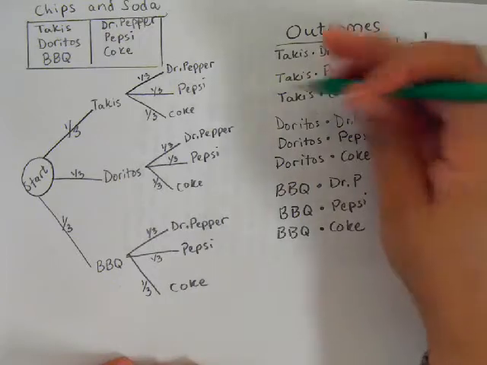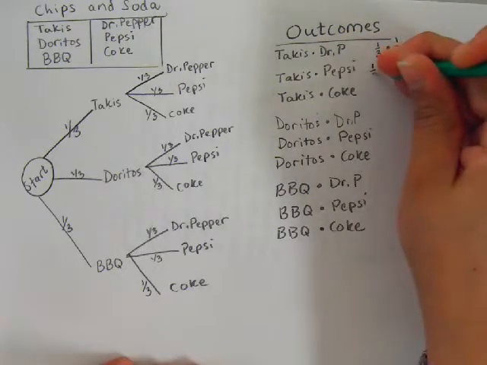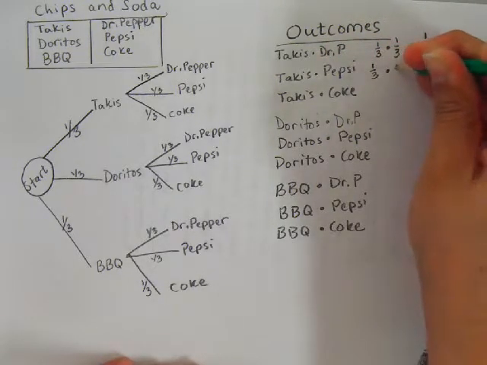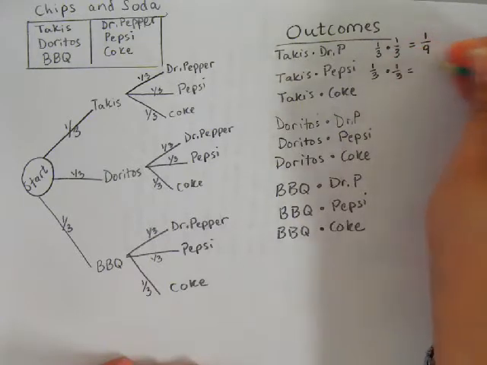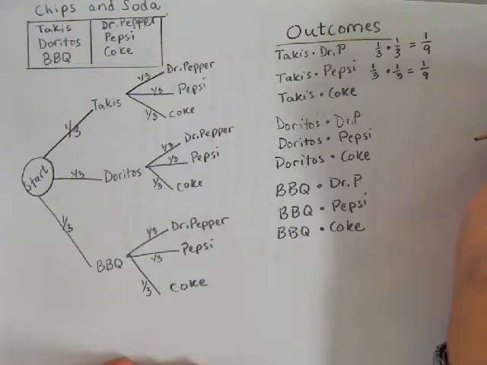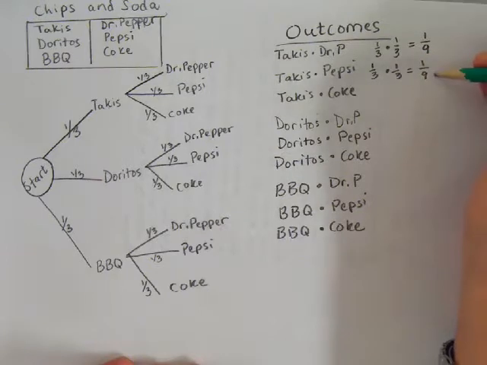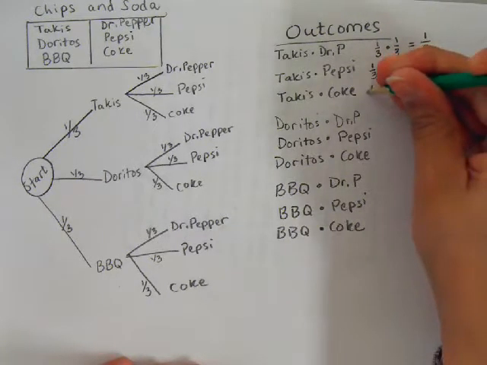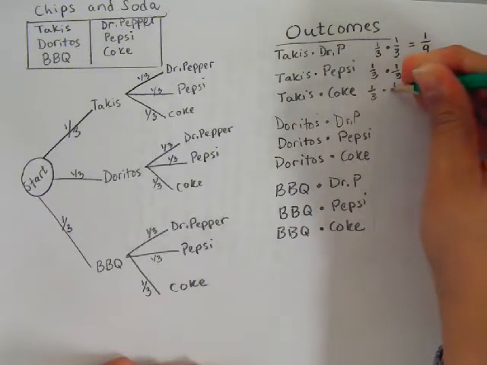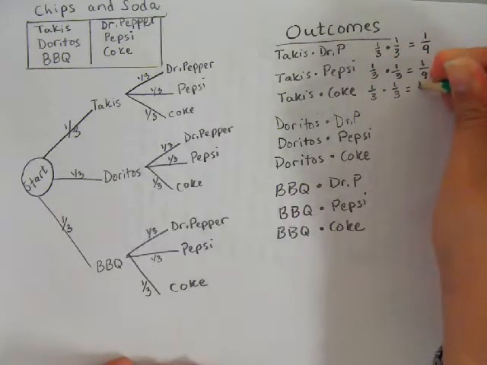And since Takis is still 1 in 3, and Pepsi is always 1 in 3, if you're noticing something, since there are equal chances of you getting all the chips and equal chances of getting all of the sodas, there's not an advantage to either one of them. Every single one of these combinations is going to have the exact same probability of being chosen. It's going to be 1/9. But still, you must show your work by filling it in.